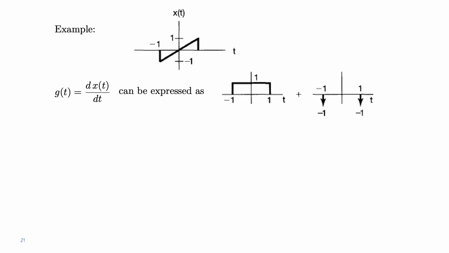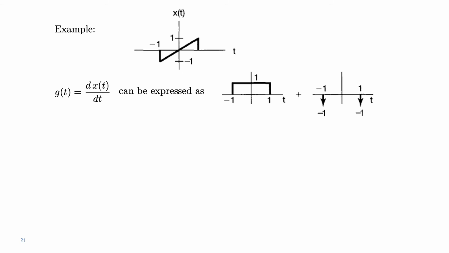So the derivative of x of t in dt can be expressed as the simple sum of two signals represented on this slide. The first one is a rectangular signal with unitary amplitude between -1 and 1, right? That expresses the fact that the derivative between -1 and 1 of my signal x of t is constant. But then there's a couple discontinuities in t equal -1 and in t equal 1.